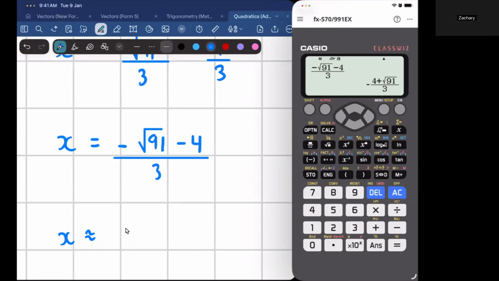So I get negative 1.03. Probably typed it in wrong. So hold on, a Sharp or a Casio? Casio. Okay, I know it's a mistake.